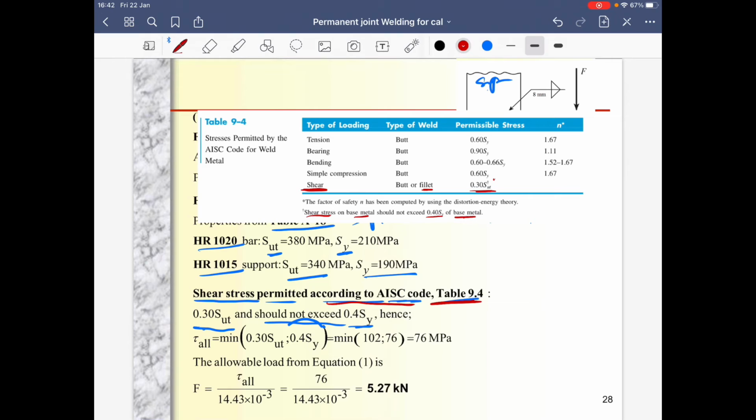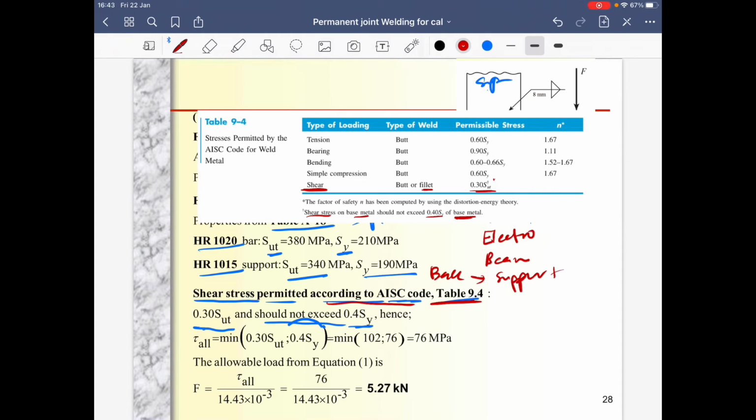First is the base that supports the weld: the beam and also the weld electrode. We have the electrode, the beam, and the support, so the base could be referring to this.